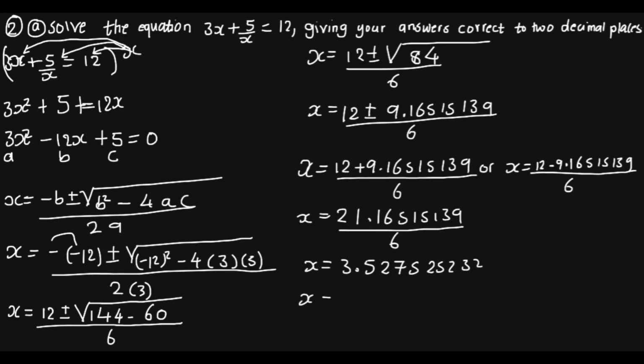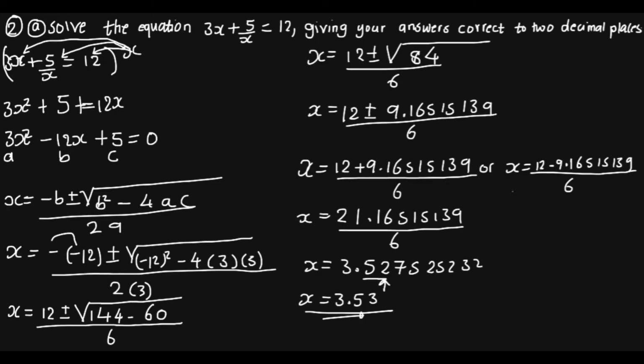Our final answer must be correct to 2 decimal places, so we need two numbers after the decimal. So 3.53. The last number in consideration is 2, after 2 we have 7, so we add on that one.